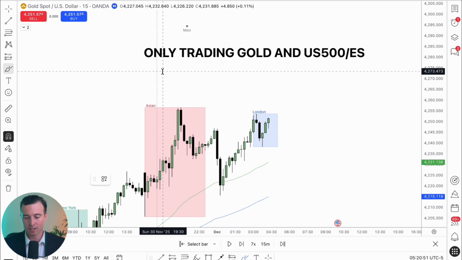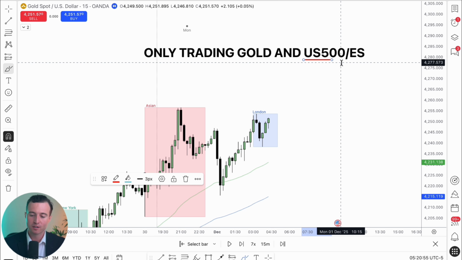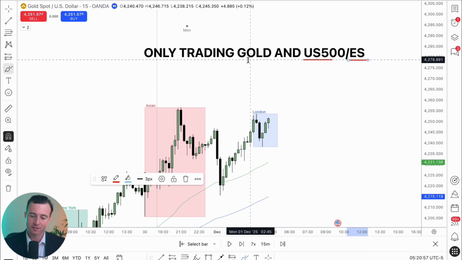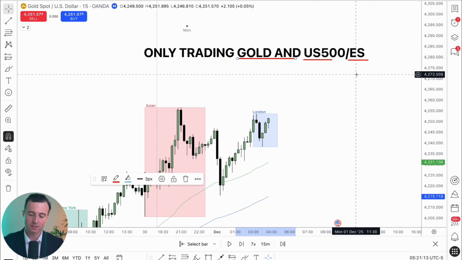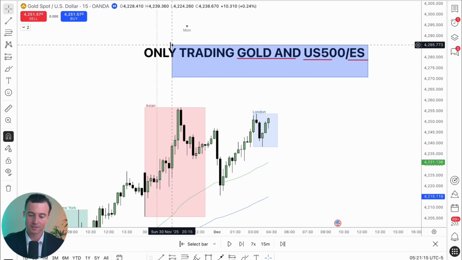So we're trading gold and we're trading US 500 or ES. That is because from my own backtesting and years and years of data, this seems to perform the best on these 2 assets. So we're only going to be trading these 2 assets in this backtest.